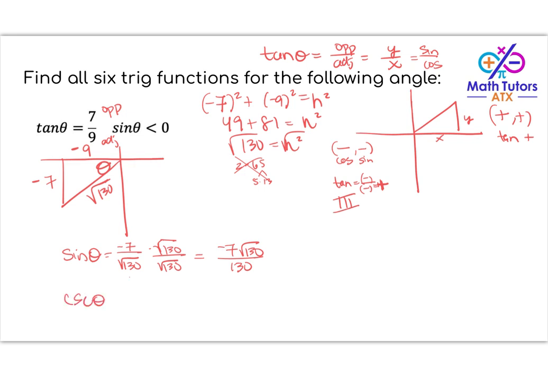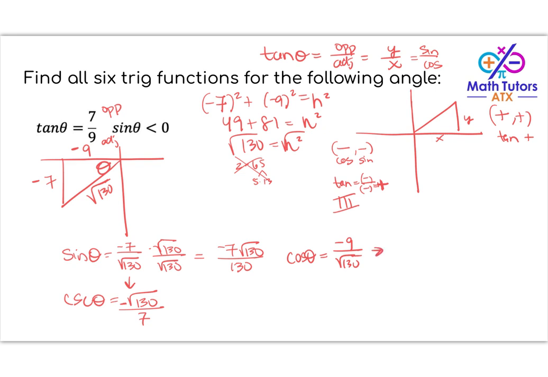Now cosecant, like I said before, go ahead and make sure you're looking at this one and don't try to take the reciprocal of our final answer, because then you're just going through and rationalizing again. So here is radical 130 over 7 with a negative in front, because those are both negative. If I do the cosine, I'm looking at negative 9 over radical 130.